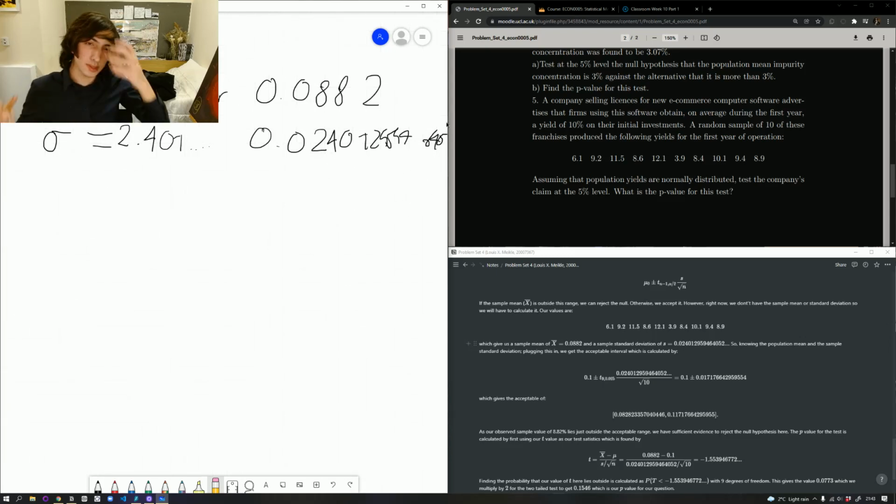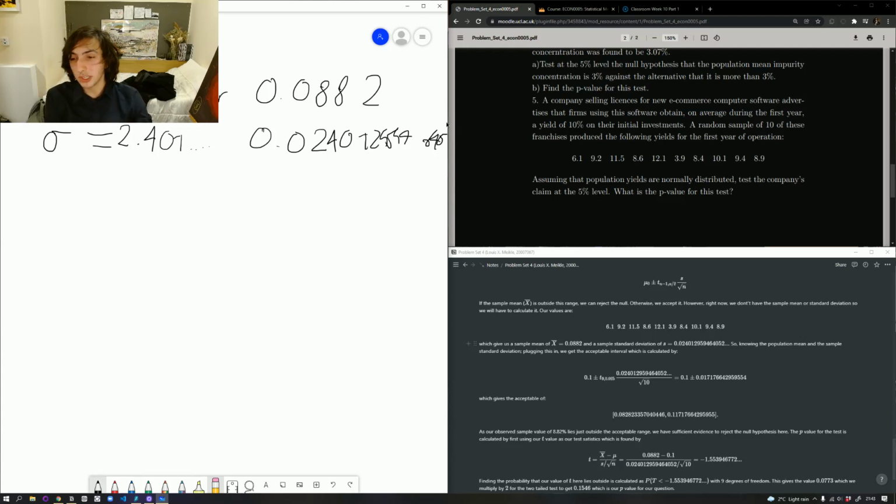You know the sample mean and variance, but you are estimating for a mean here. That's a crucial thing. So we look at the notes for a mean. We want to test the claim at the level. What's the claim? They're saying that it's 10%, and we want to know if that's true.